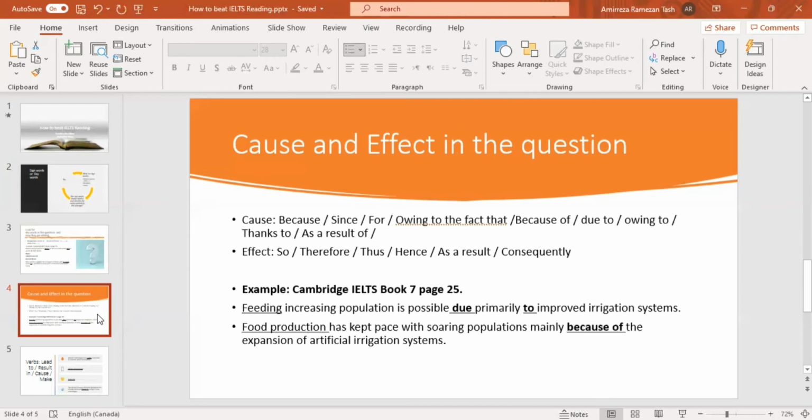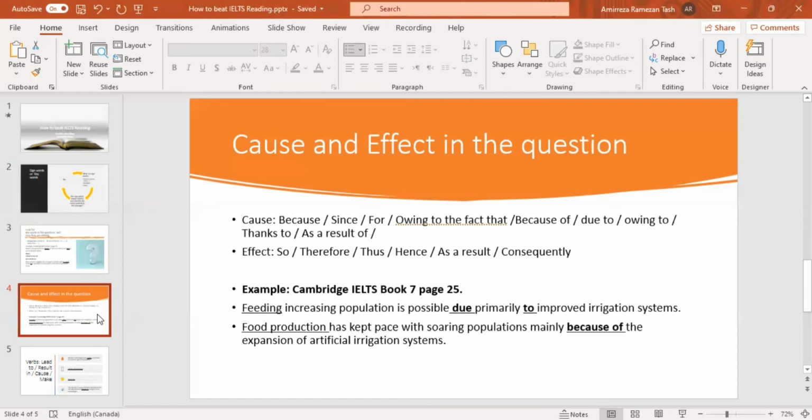So what is important for us to look for? We need to look for words like feeding and irrigation systems because we found a relation between these two expressions. We need to find these two expressions first, and after that, find out if they are connected using a cause and effect relation or not.